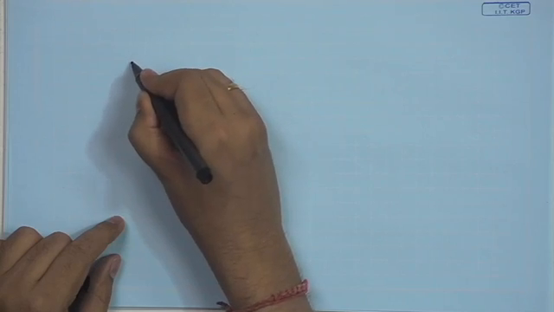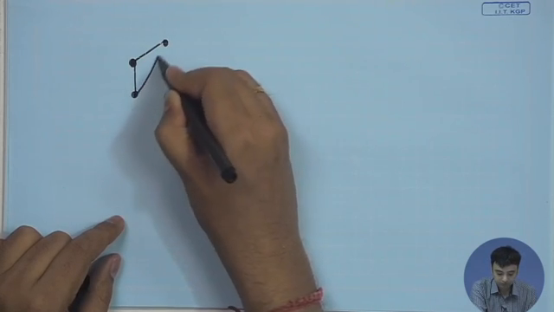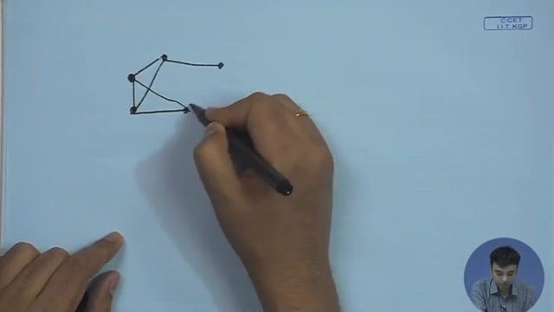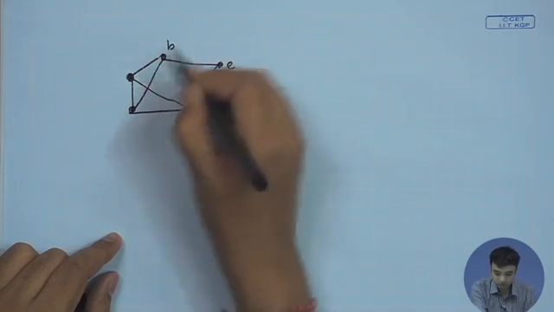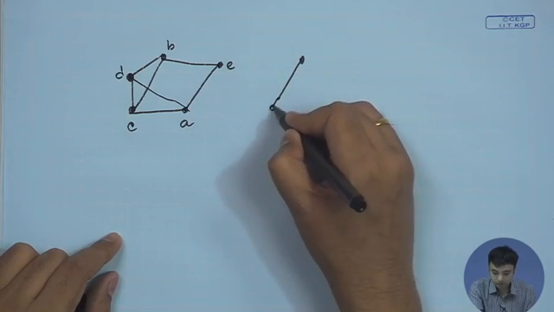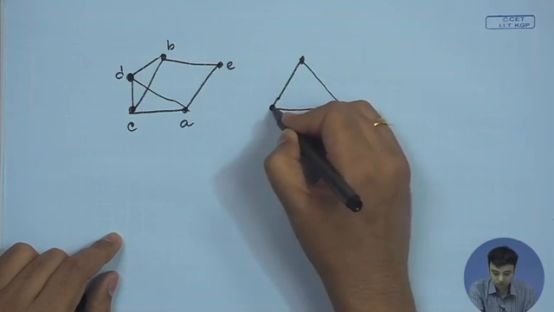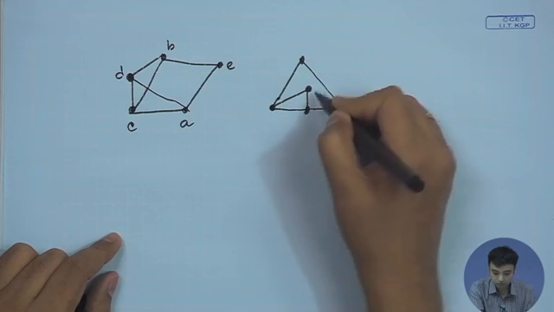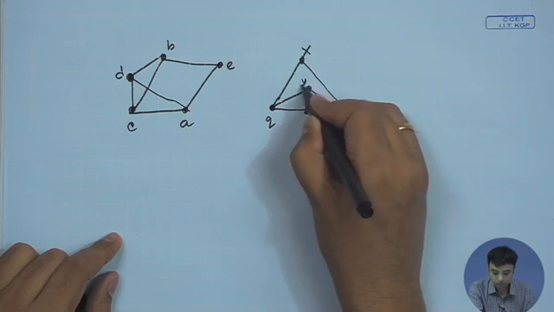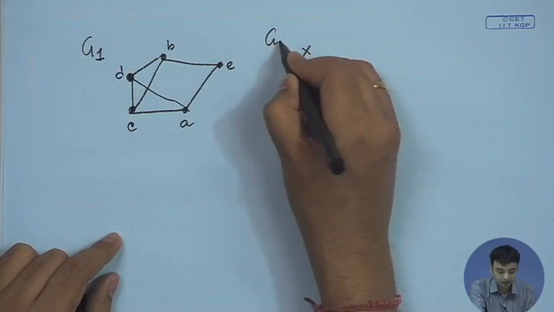Let us take these two graphs. Let us call this graph G1 and this graph G2.